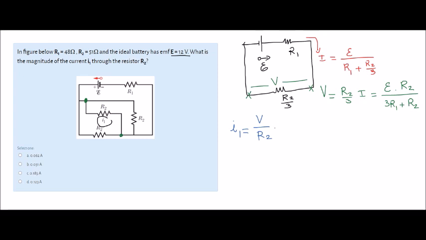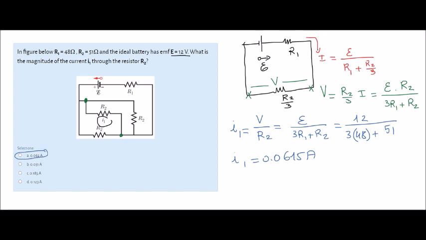You do that, you get E over 3R1 plus R2. And you calculate that: E is 12 volt, 3 times 48 plus R2, 51. You get 0.0615 ampere. Which one is closer to that? That's the answer, if we round it. Done.